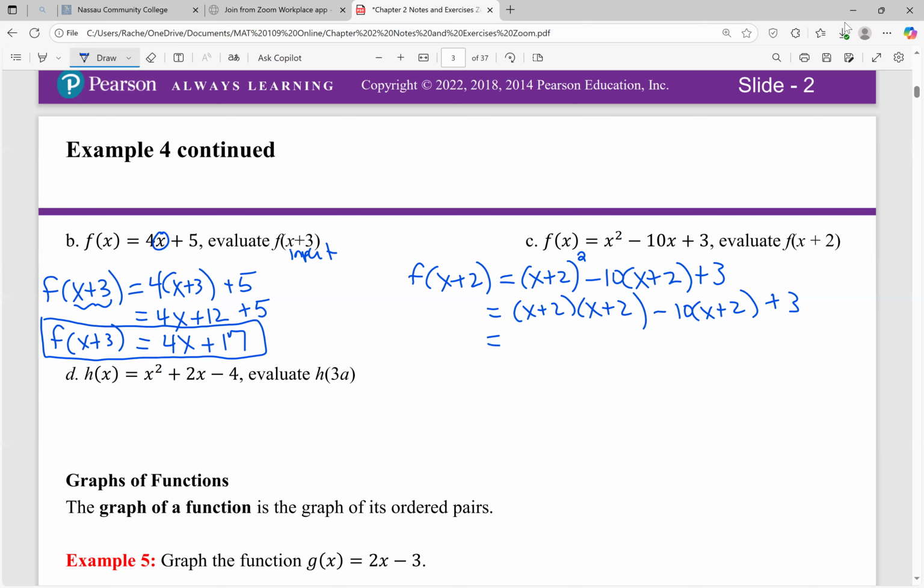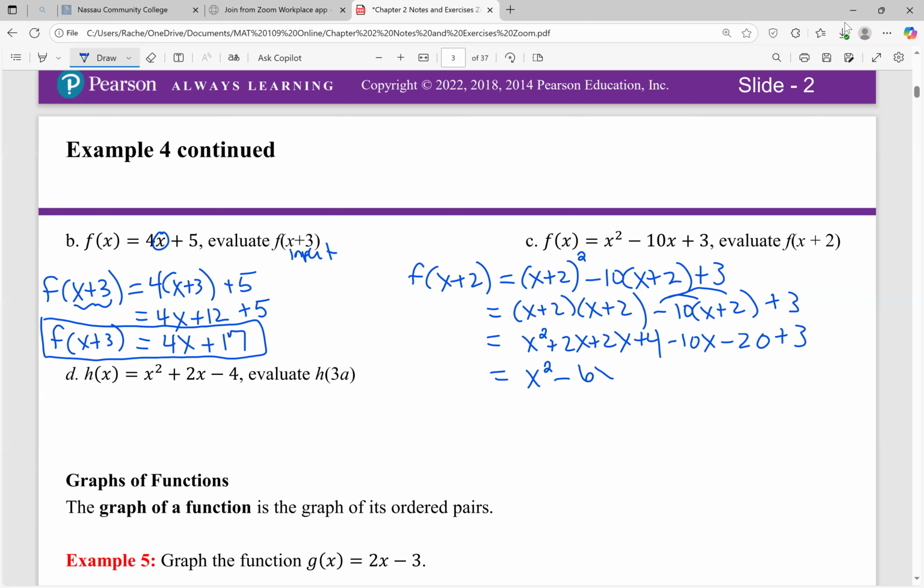So we're going to end up with x squared plus 2x plus another 2x plus 4. Now distribute the negative 10. So I'm going to have minus 10x minus 20 plus 3. And now we can combine like terms. So I'm going to have x squared. Now I have the 2x and the 2x is 4x, and then we have a minus 10x.